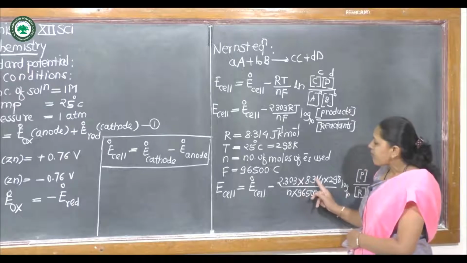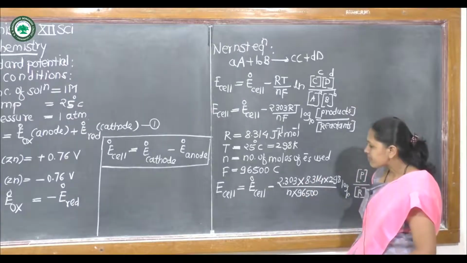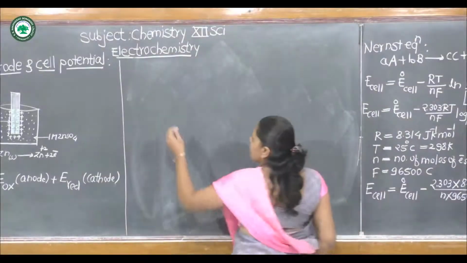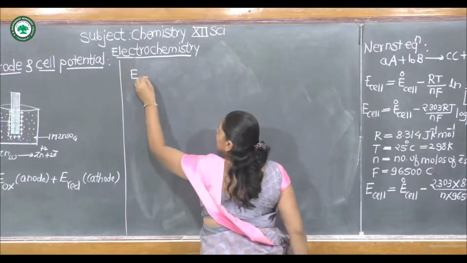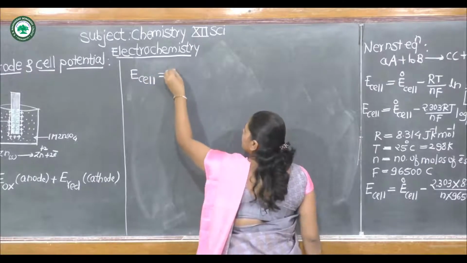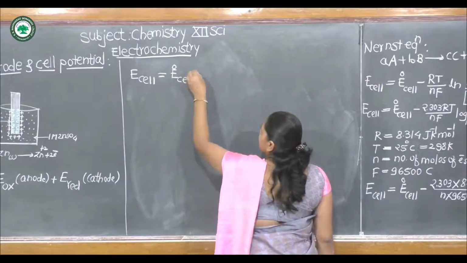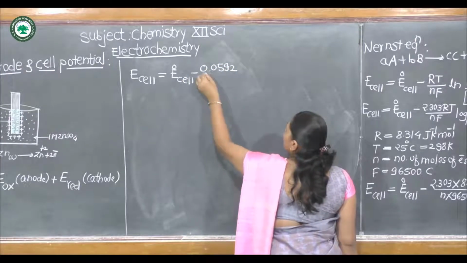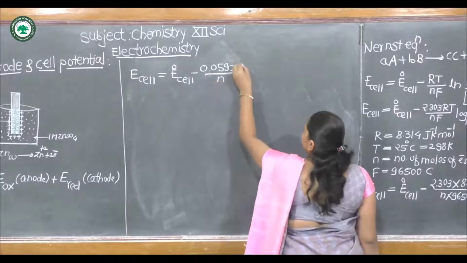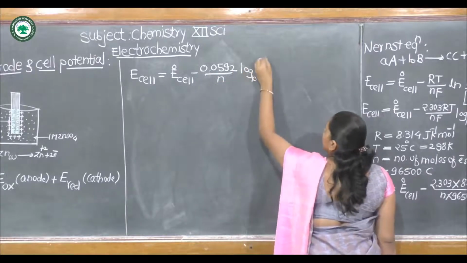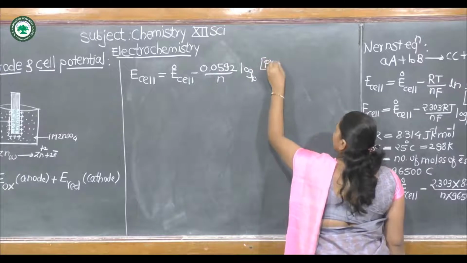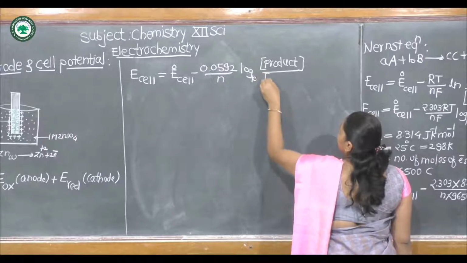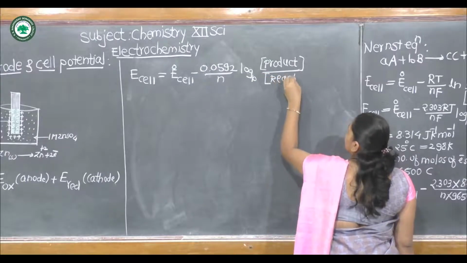Then by solving this multiplication, we get E cell is equal to E0 cell minus 0.0592 divided by N log to the base 10 concentration of product divided by concentration of reactants.